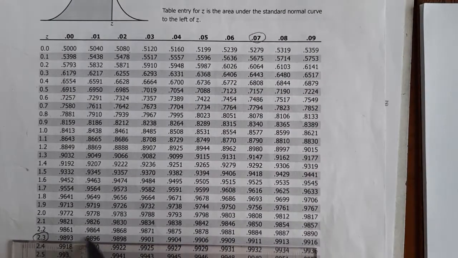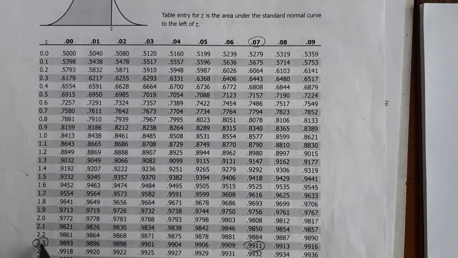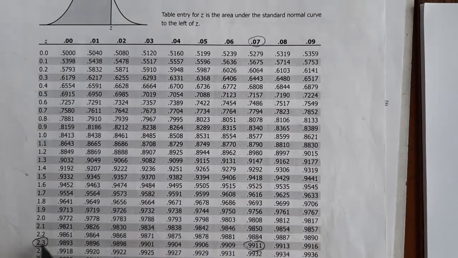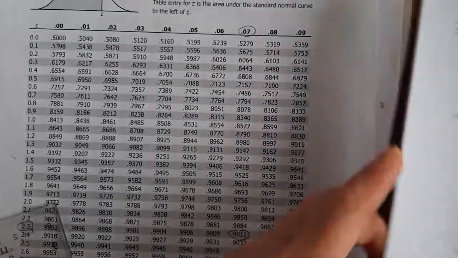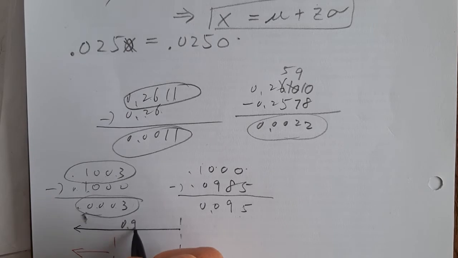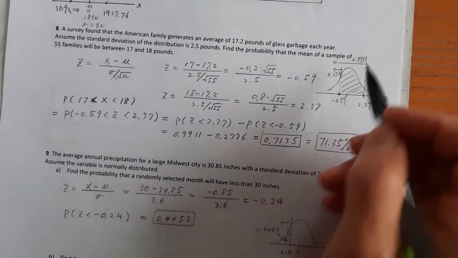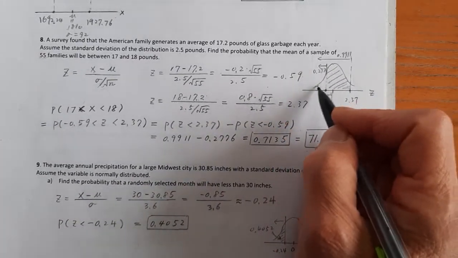Their intersection is this one. So the area is 0.9911. That means this area to the left of 2.37 is 0.9911, which is the entire area to the left. Then we subtract this area.